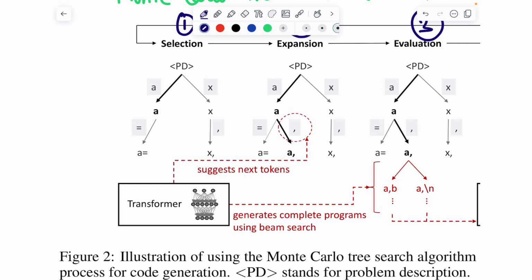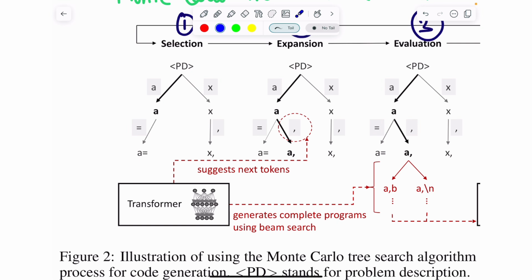Now in the first step, you have to select a particular node, right? So what will you do? You will travel down any path in the tree and pick a node that you want to expand further. In the case of beam search, for example, we selected the node that was in the top K, right? In this case, you do not do it. You simply select based on certain criteria. What is that criteria? We will revisit again.